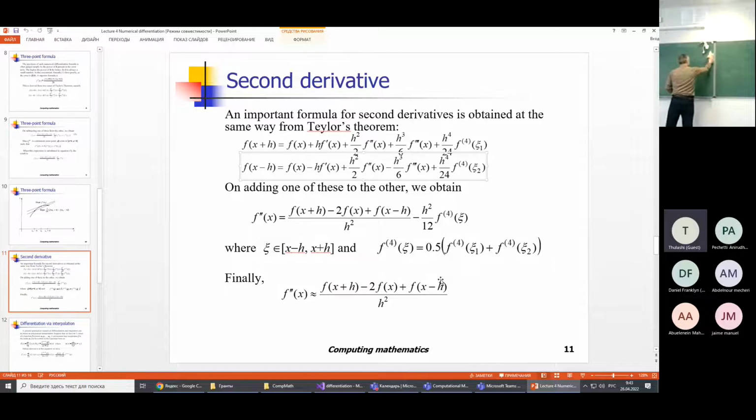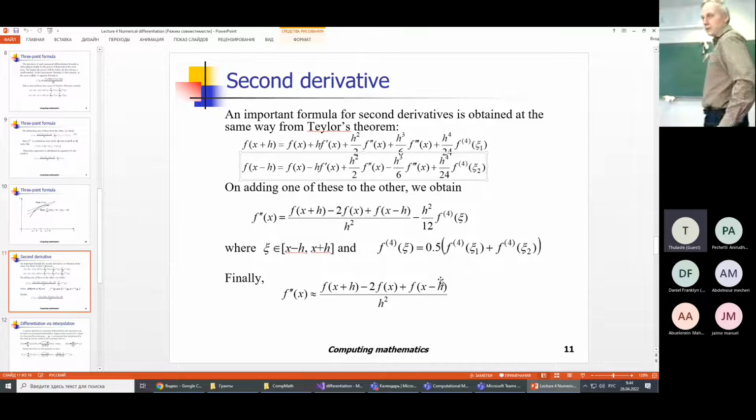Again, if we have some point x, and if we know the step h, we can compute an approximation to the real value of the second derivative.